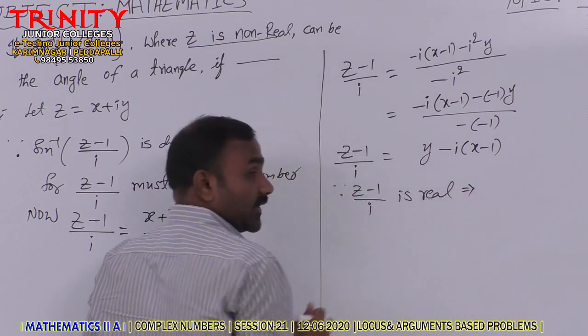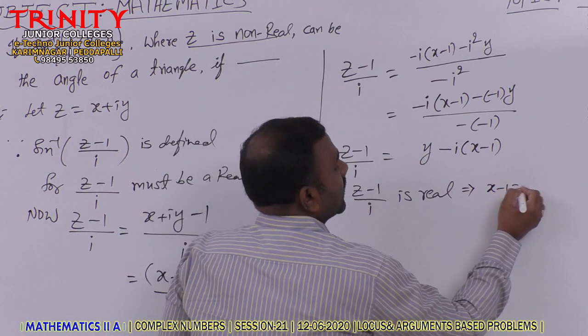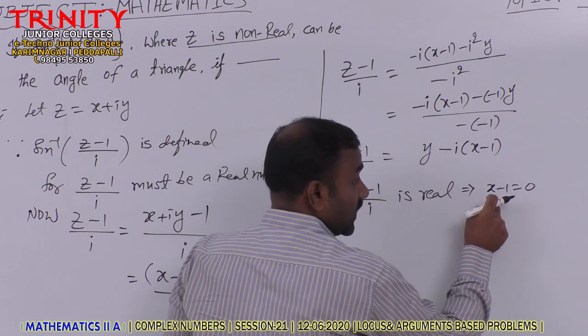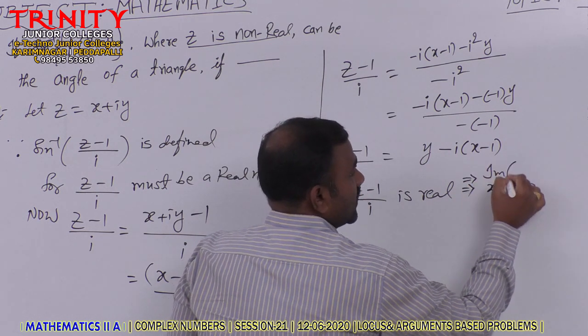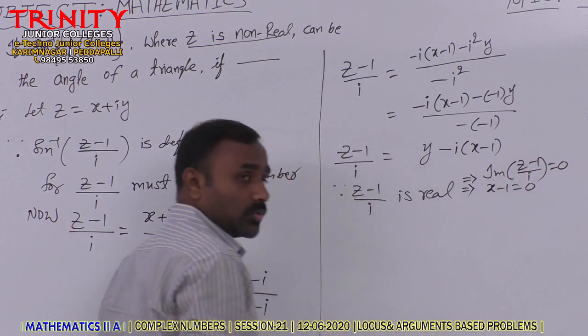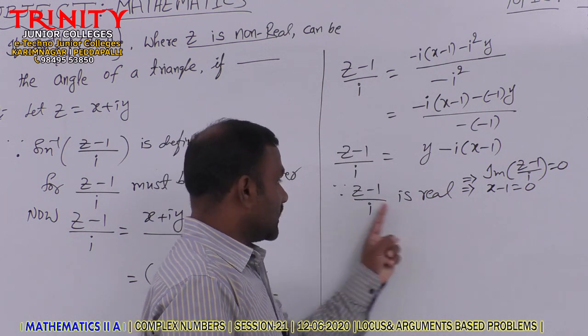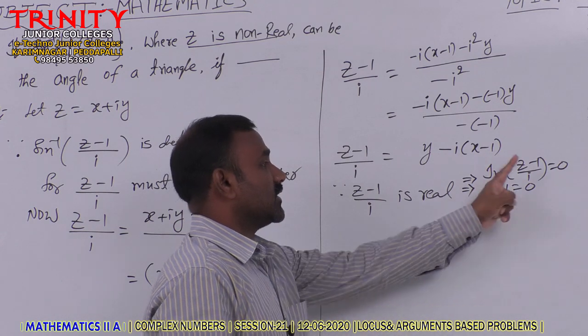It is real, which implies x minus 1 equal to 0. Why are we saying x minus 1 equal to 0? The imaginary part of z minus 1 by i equals 0. It is real, therefore the imaginary part of this complex number is 0.